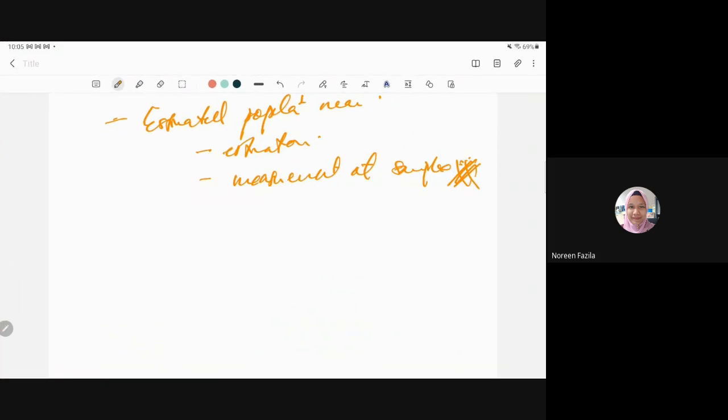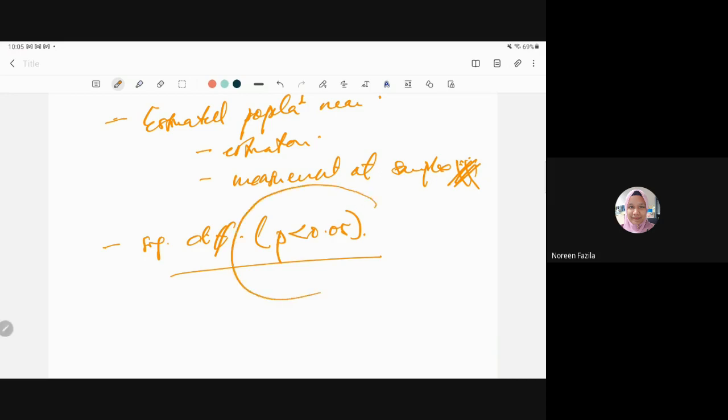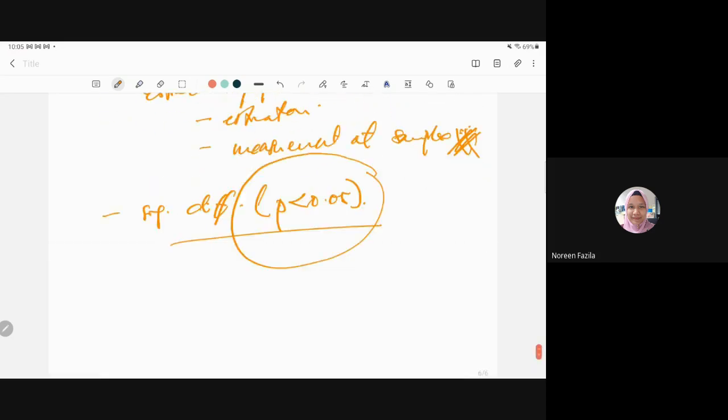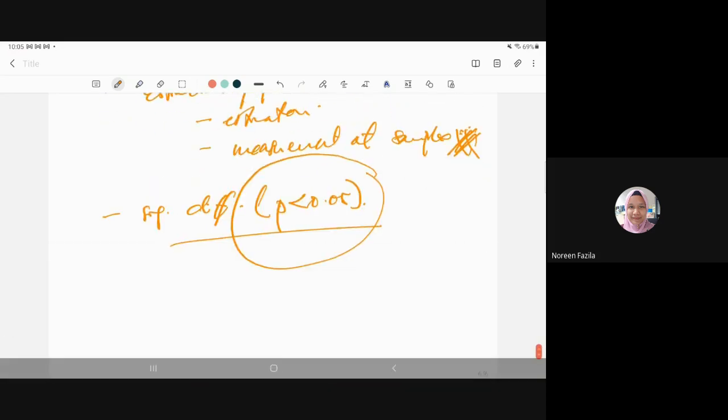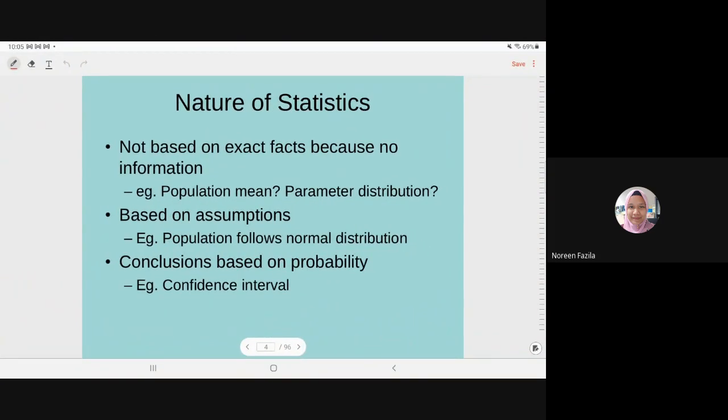All of you have had this experience, where we say it is significantly different, p less than 0.05. When we say that it is significantly different, we always have to put this, it is compulsory, because coming back to what we discussed just now, the conclusions are based on probability.